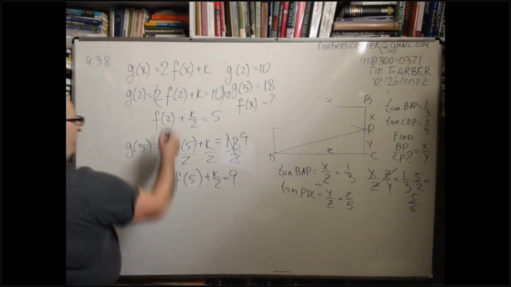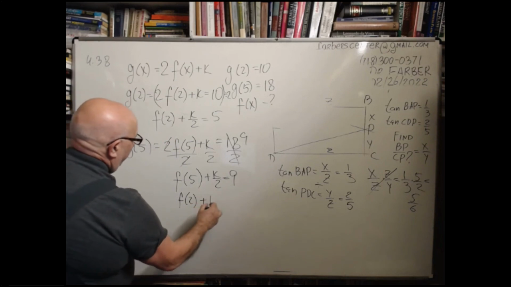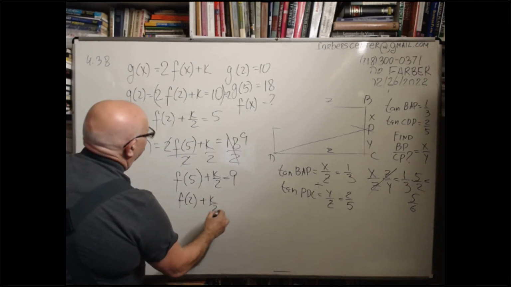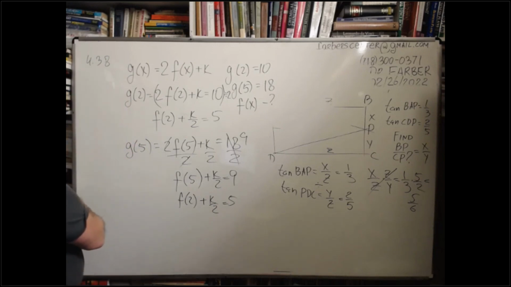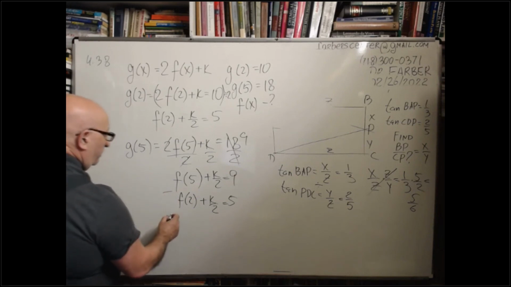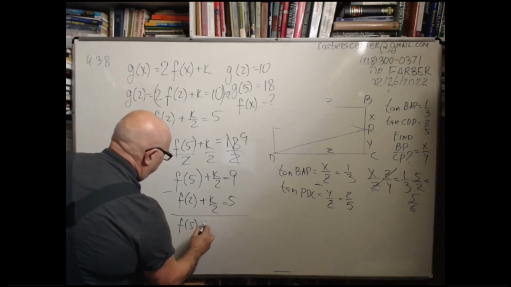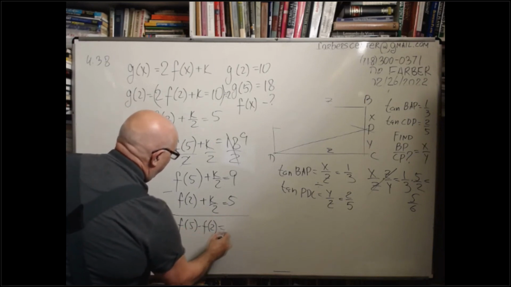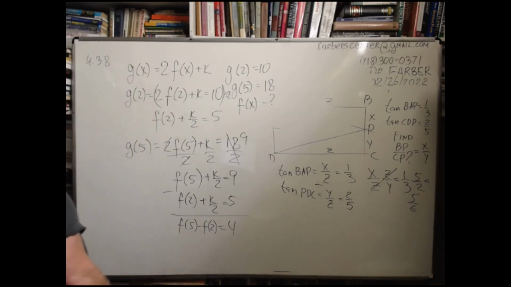Now let me write this beneath this. F of 2 plus k over 2 equals 5. Okay. If I subtract f of 5 minus f of 2, what will I get? I get f of 5 minus f of 2 equals 4. Good. How to find slope?